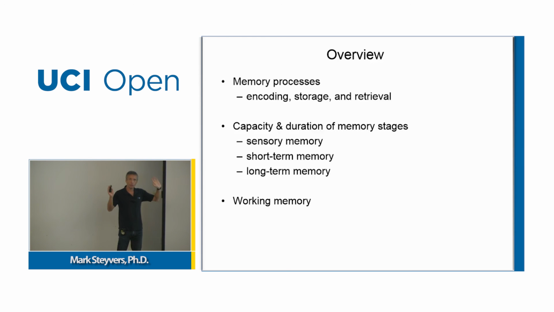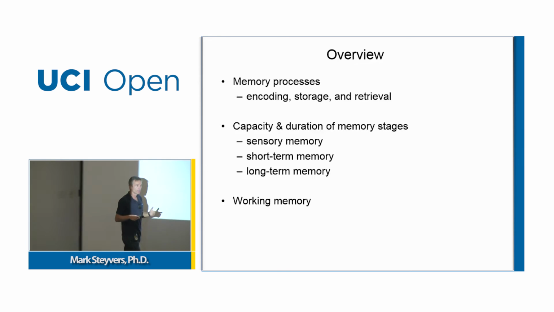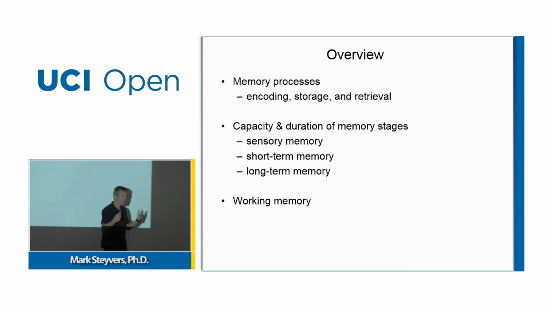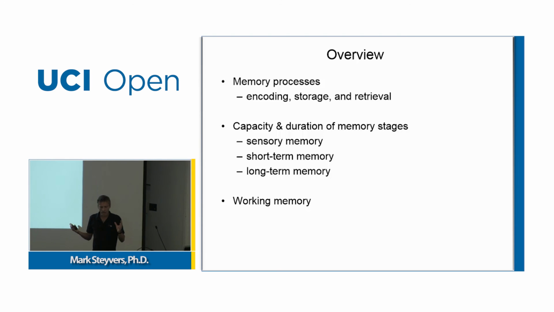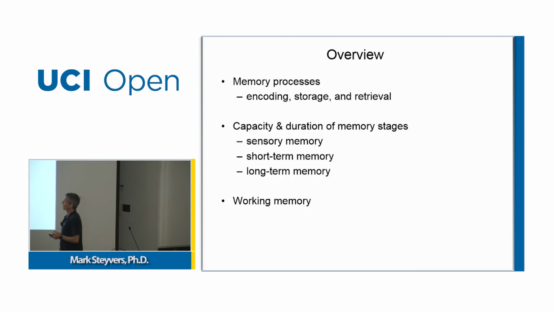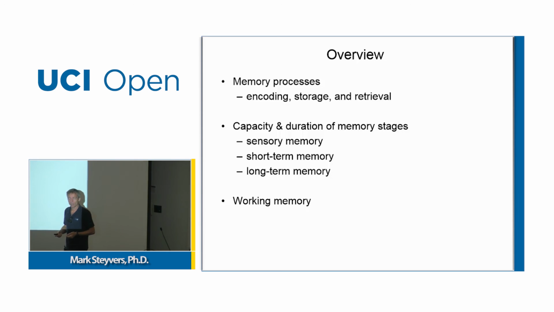Okay, so just to wrap things up, we talked about these different stages of memory, different capacities associated with different durations. Talked about the stage theory. Nobody believes that that's the theory of memory, but it's an important theory of memory.